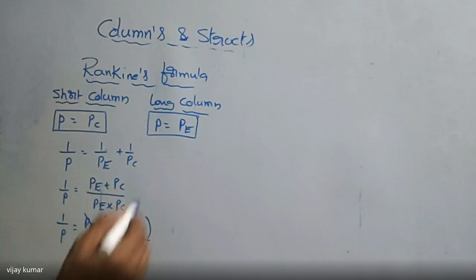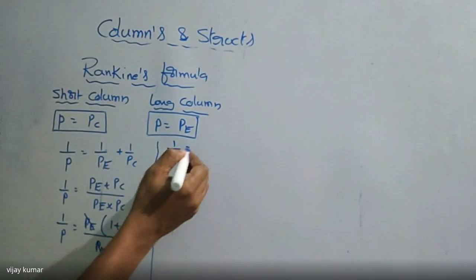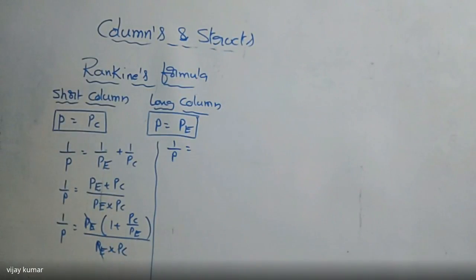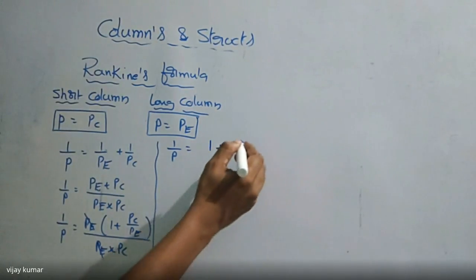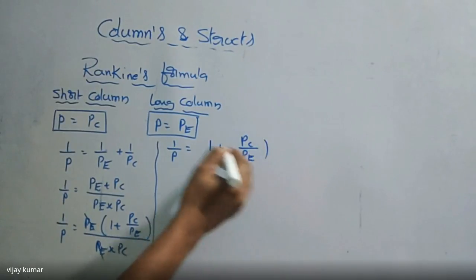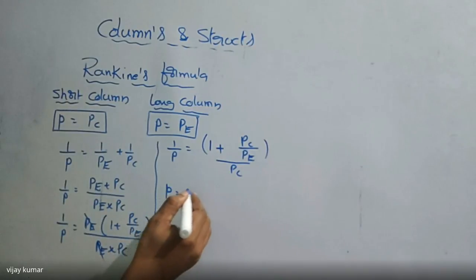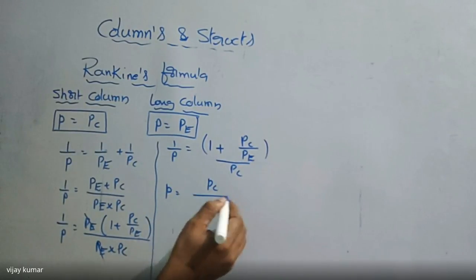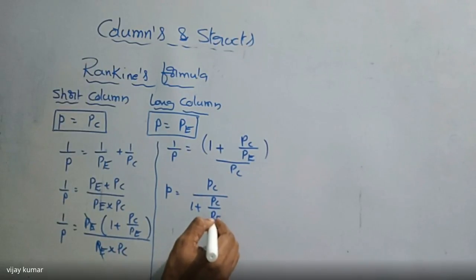Then PE is cancelled. So 1 by P is equal to (1 plus PC divided by PE) divided by PC. Then P is equal to PC divided by 1 plus PC divided by PE. Did you get my point or not?